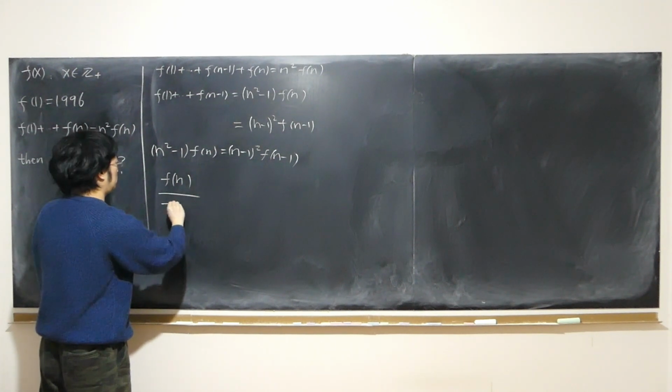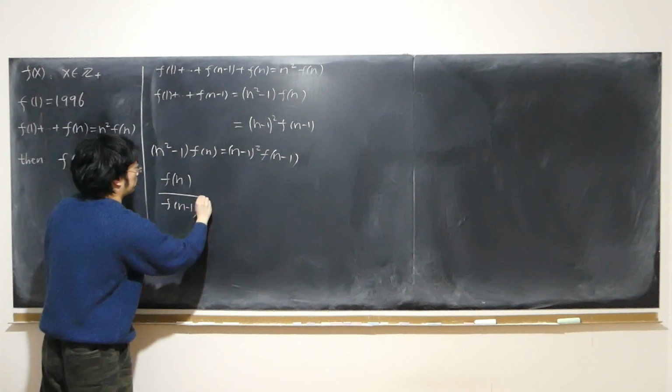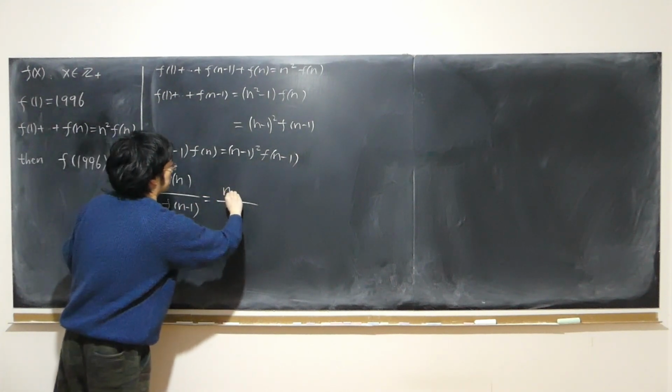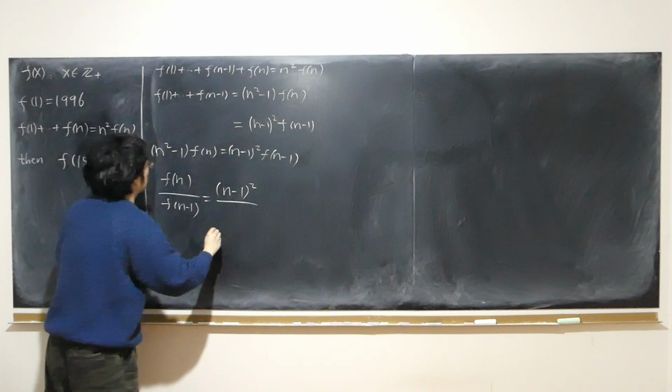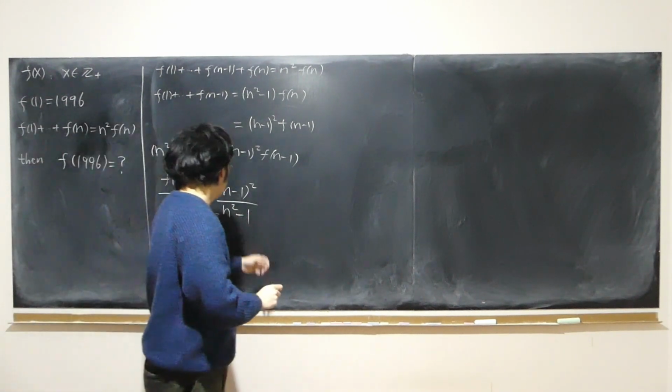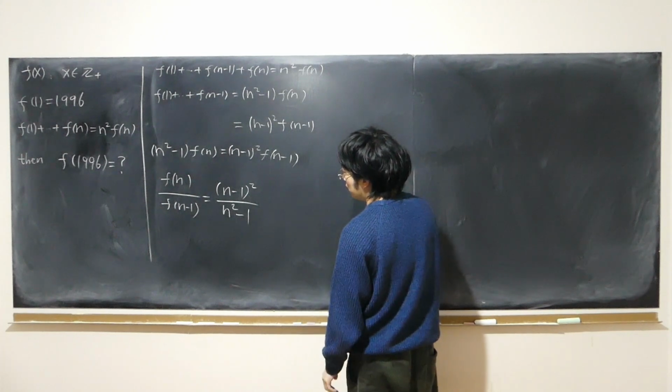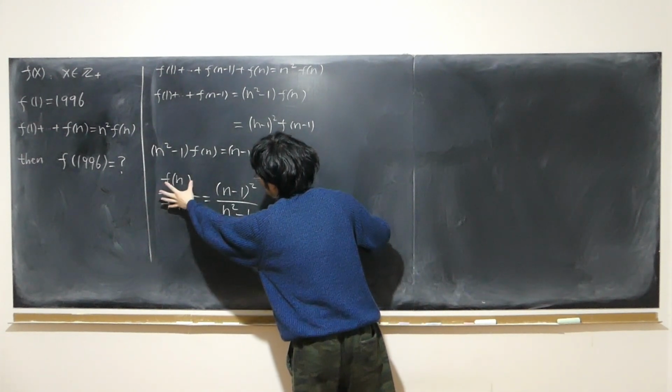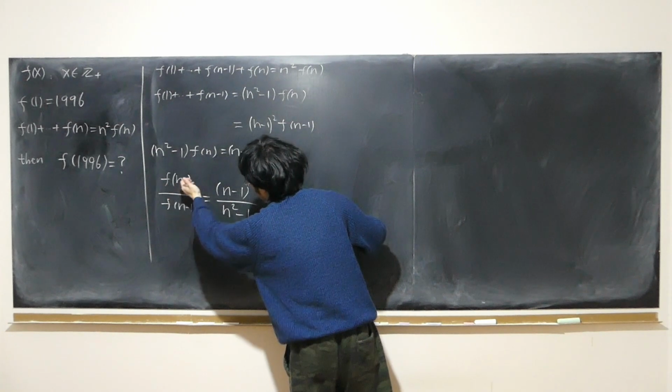So f of n over f of n minus 1 is simply equal to n minus 1 quantity squared over n squared minus 1. Then we can hopefully just do the series of multiplication and cancel out the majority of them.